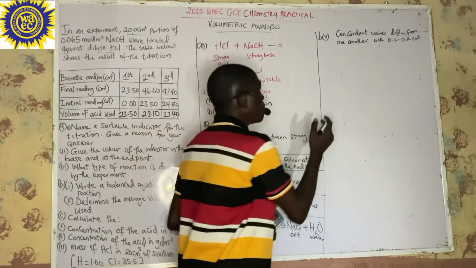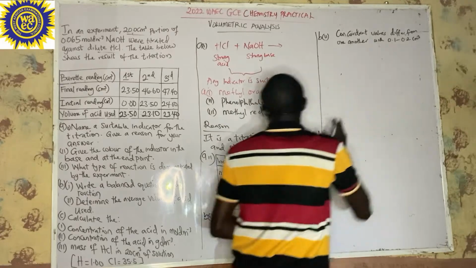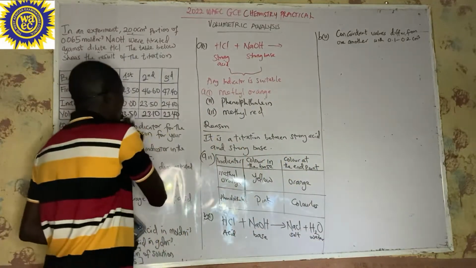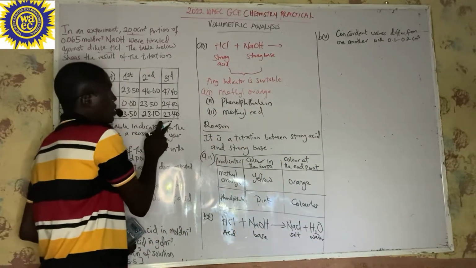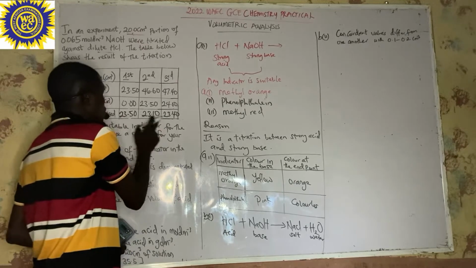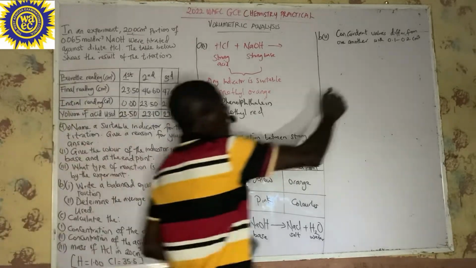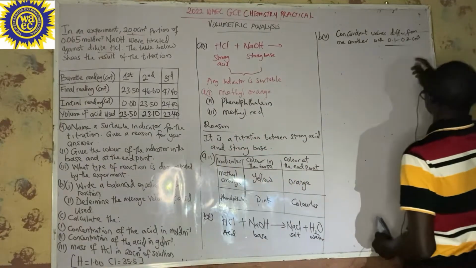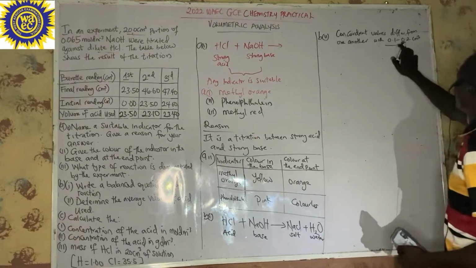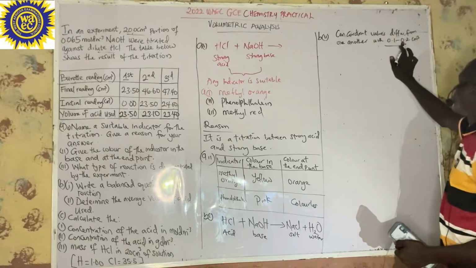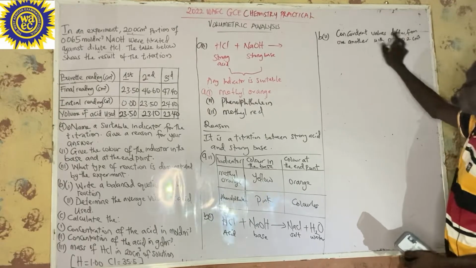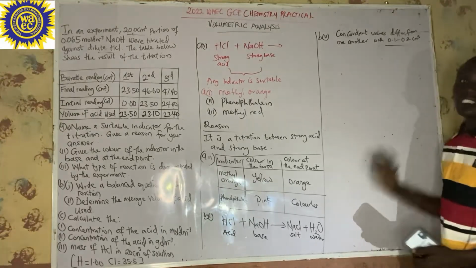So you have to be mindful of the difference. This difference here is 0.1 centimeter cube. So these are the 2 concordant values, because they obey the range of 0.1 to 0.2. The concordant values differ from one another by 0.1 to 0.2.